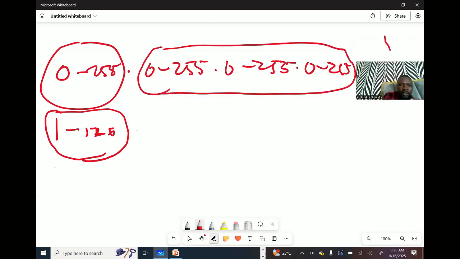Okay, we call this side the host portion. Now, in the network portion, let's say we have an address like this, 1 to 126, right? So let's say we have 10. 10 falls within this range.